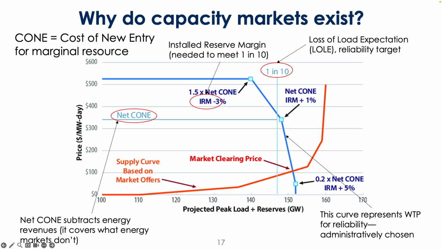Yeah, so, I mean, the decision on how reliable you want to build your system is kind of an arbitrary one, right? So when you're talking about it being deterministic, where you just take the peak and you add a bunch of reserve margin on top of it, that's for the past, right? Now you've got a bunch of electric vehicles and heat pumps and all these extra load things.